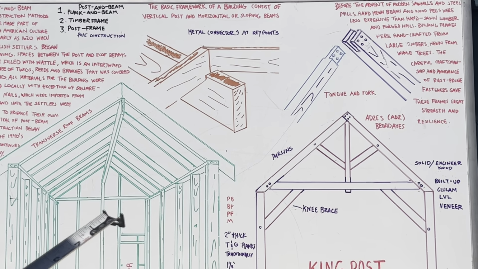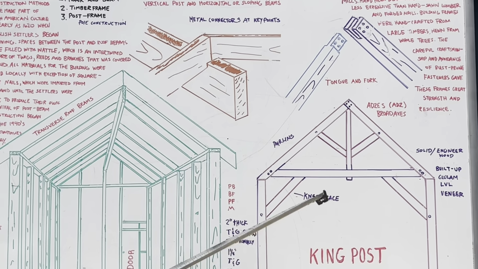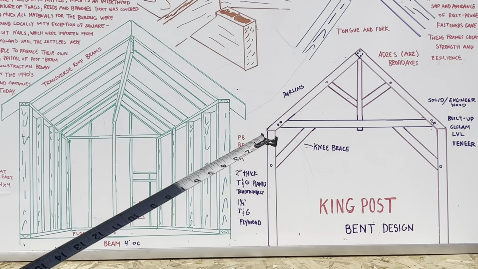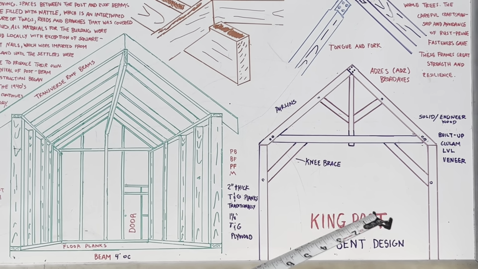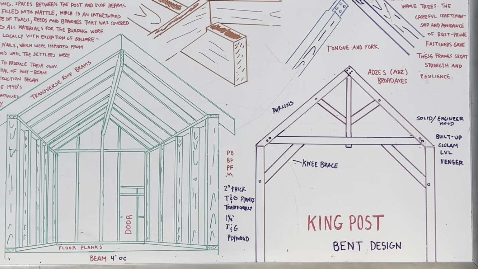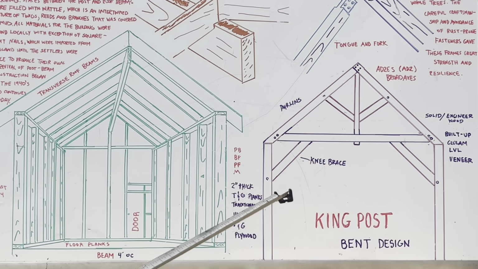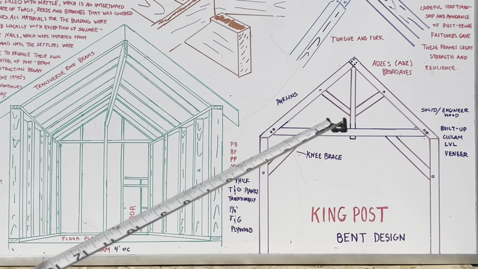Okay, now this right here is called a bent design. When I did some research on why it was called bent, if anybody in the audience knows, or any carpenters know why it was called bent, you can write it in the comments section.